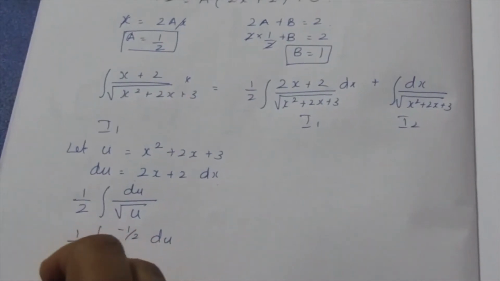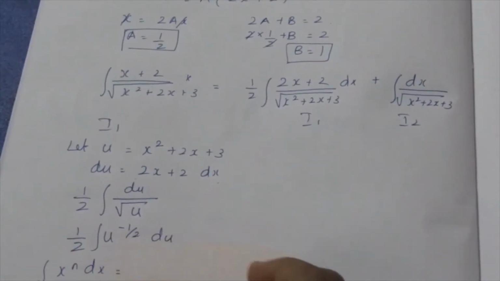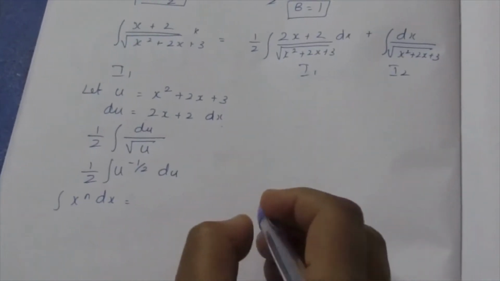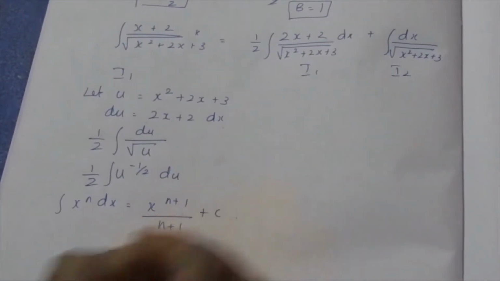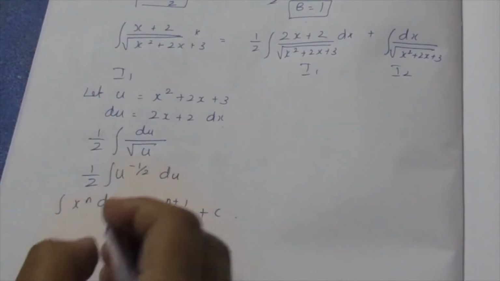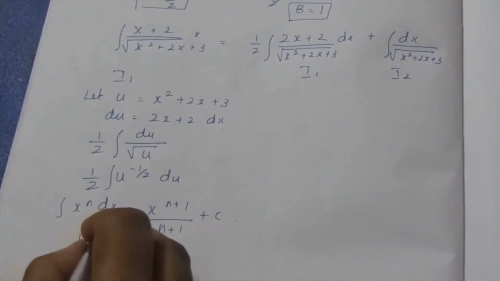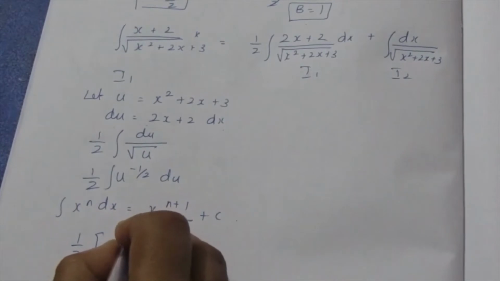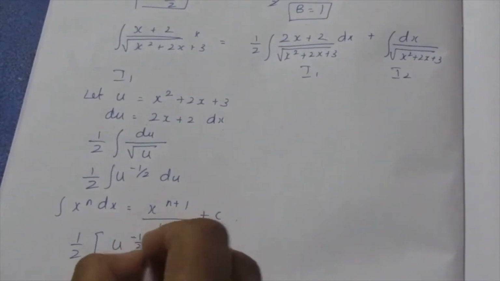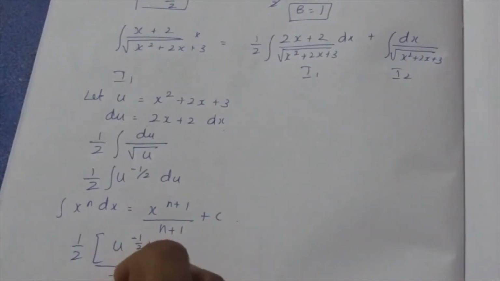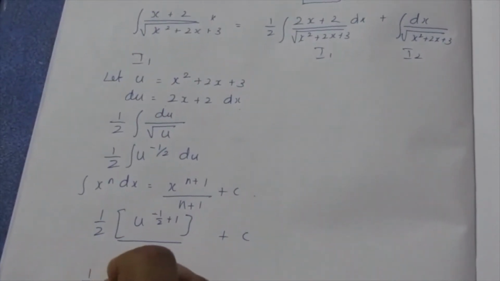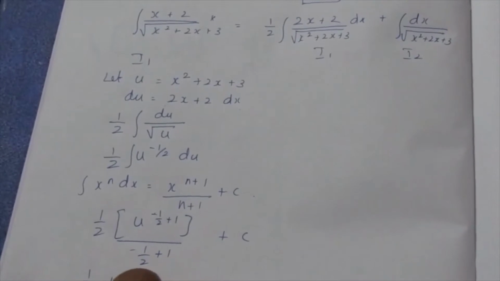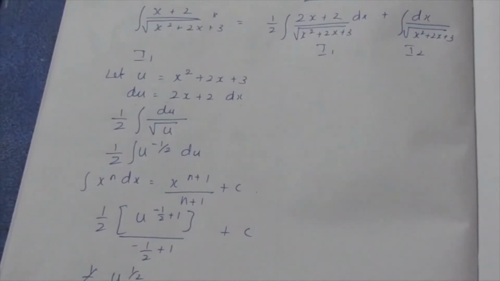Now it is in the form of x power n dx, which means we know that the integral of x power n dx is x power n plus 1 by n plus 1 plus c. Now here this becomes half into u power minus half plus 1 by minus half plus 1 plus c. So it becomes half u power half by half. This gets cancelled.